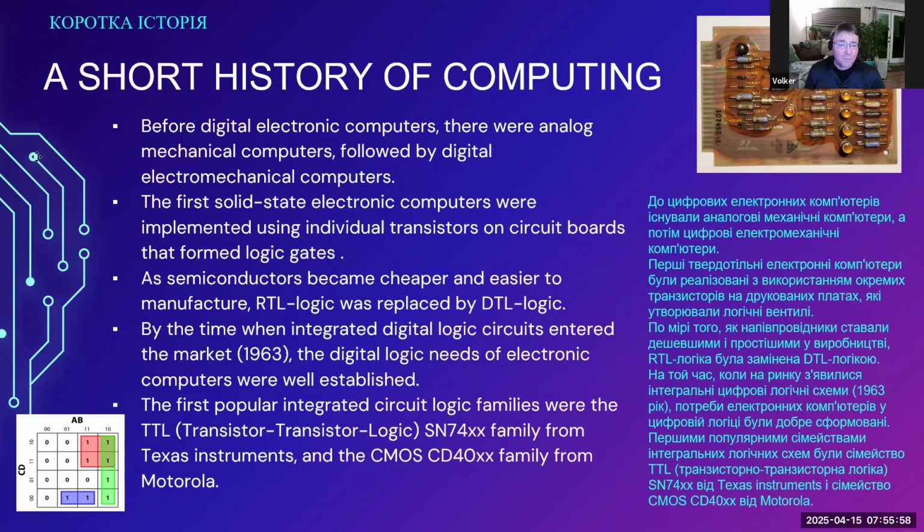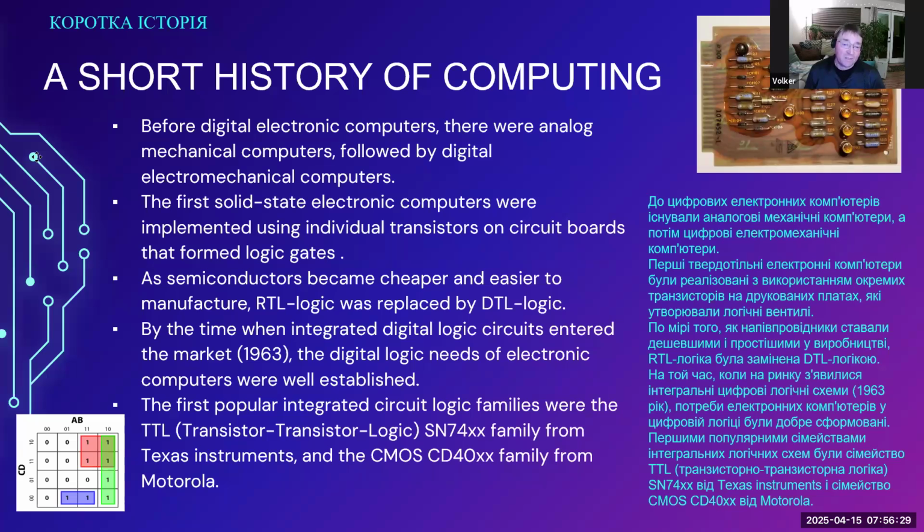However, the first solid-state electronic computers used individual transistors after the transistor was invented. And again, mostly driven by the military, they wanted faster computer systems to, for example, trace radar distribution and antenna, and to simulate tasks.